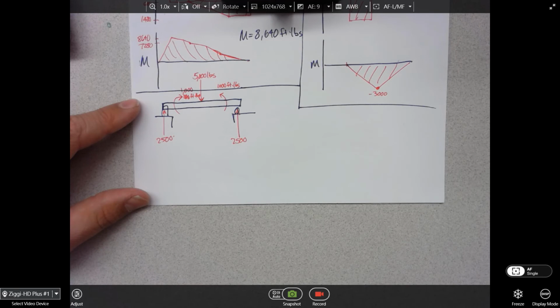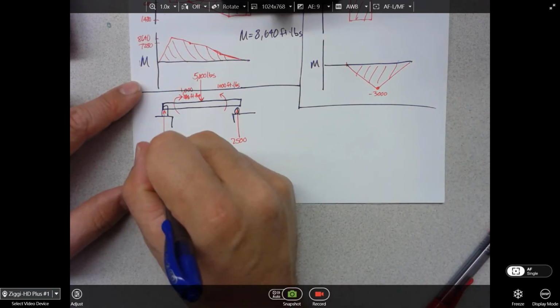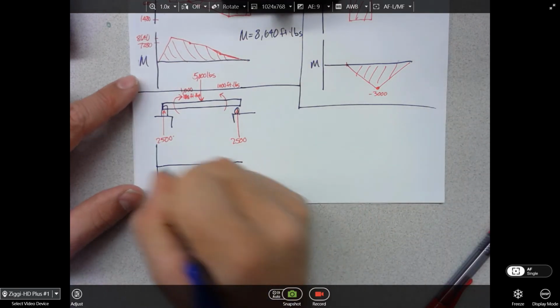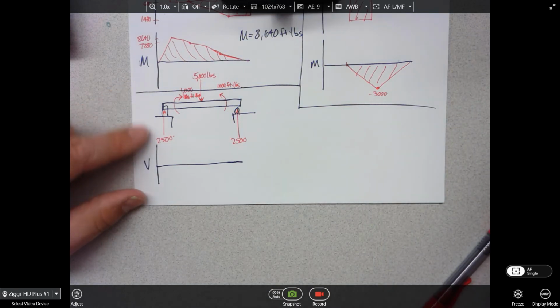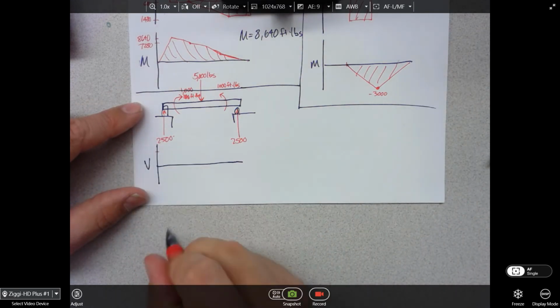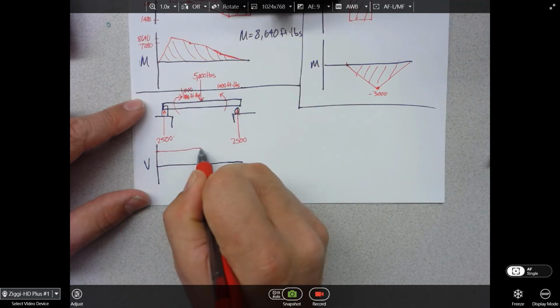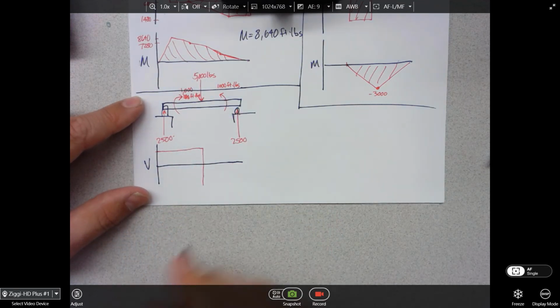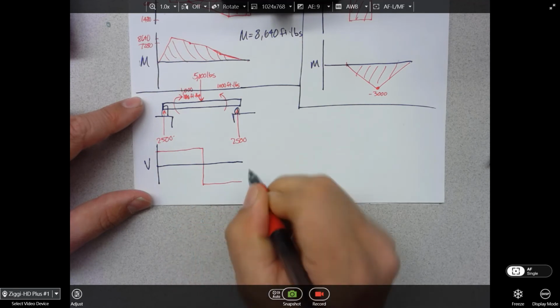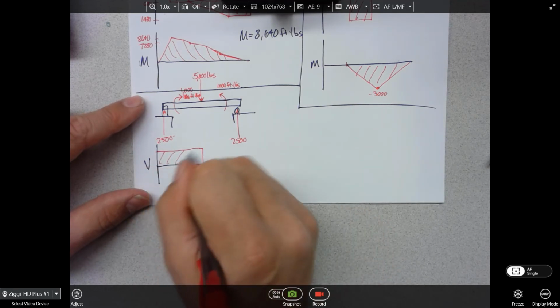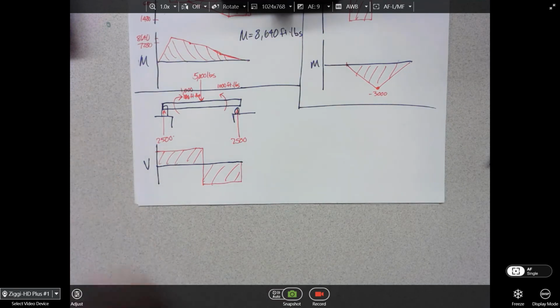Okay. Now, if I draw the shear diagram, I jump up 2,500. Nothing changes in shear till I get to 5,000. I drop down, go across, get to 2,500. Okay?